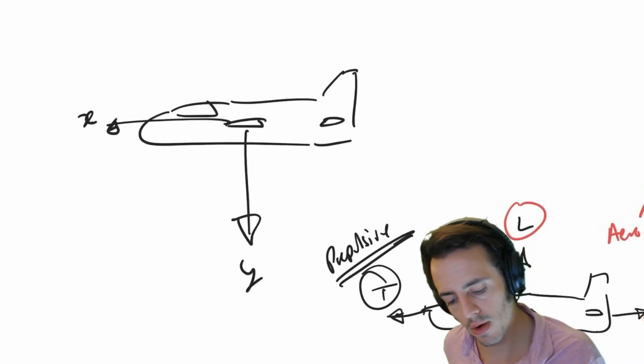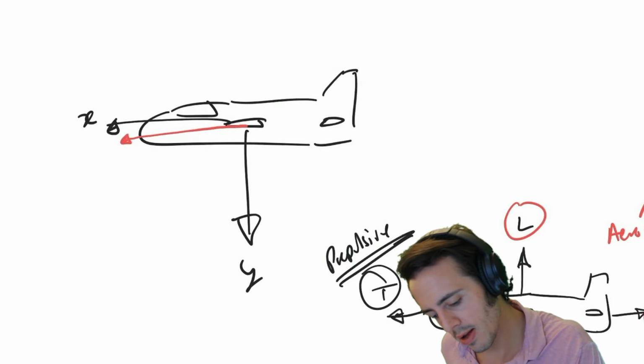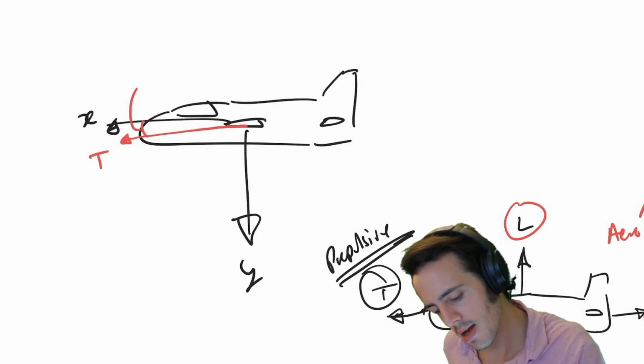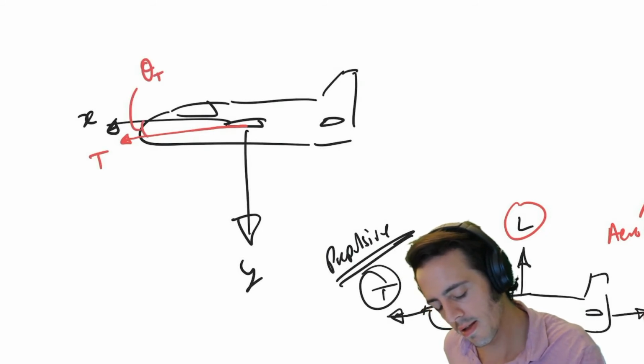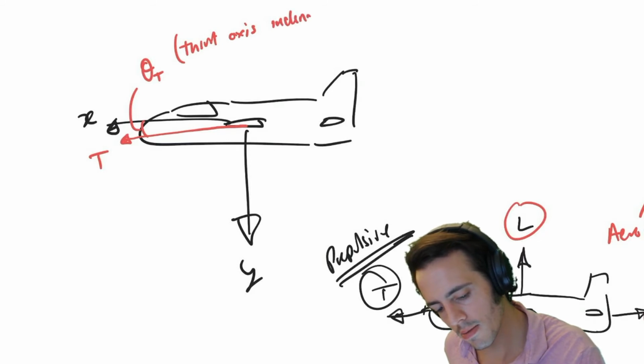So let's say we've got some thrust being produced down in this direction. This is at some angle which we'll call theta t, the thrust axis inclination.